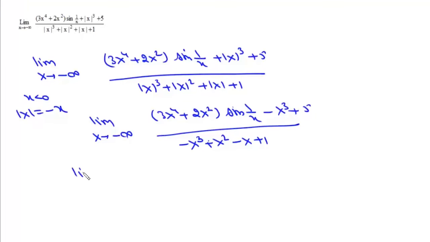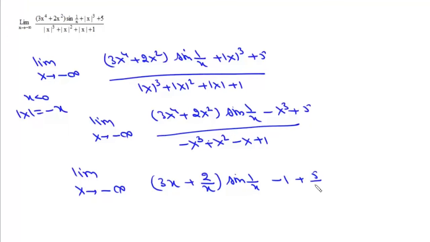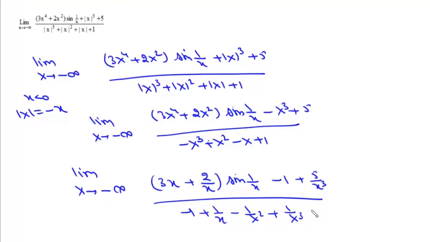So we can write this as limit x tends to minus infinity, and here will be 3x plus 2 upon x sine 1 by x minus 1 plus 5 upon x cube, and here will be minus 1 plus 1 upon x minus 1 upon x square plus 1 upon x cube.